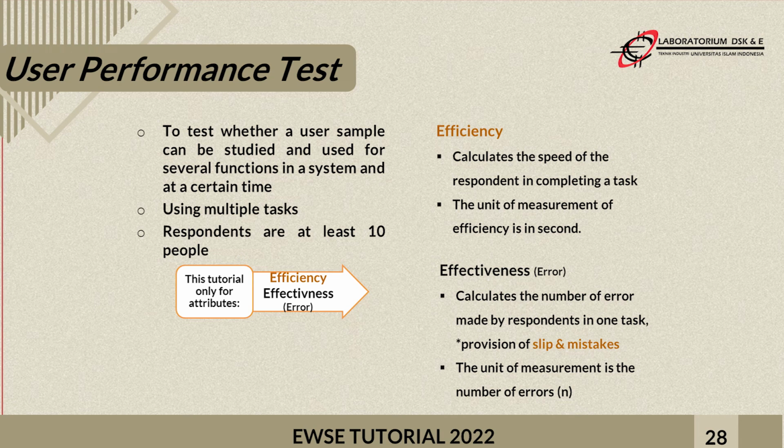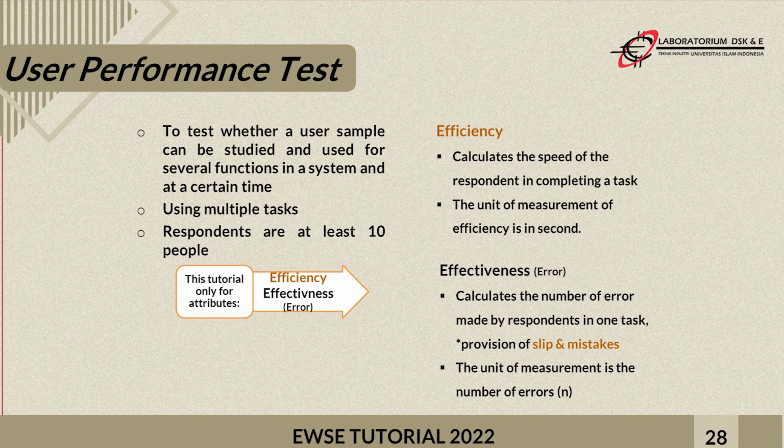Alright, let's continue to user performance test. Basically, this slide is what you have to do later on. First, to test whether a user sample can be studied and used for several functions in a system at a certain time, using multiple tasks, and respondents are at least 10 people. For efficiency, you will calculate the speed of the respondent in completing a task, and the unit of measurement of efficiency is seconds. When you do effectiveness measurement, you calculate the number of errors made by respondents in one task.